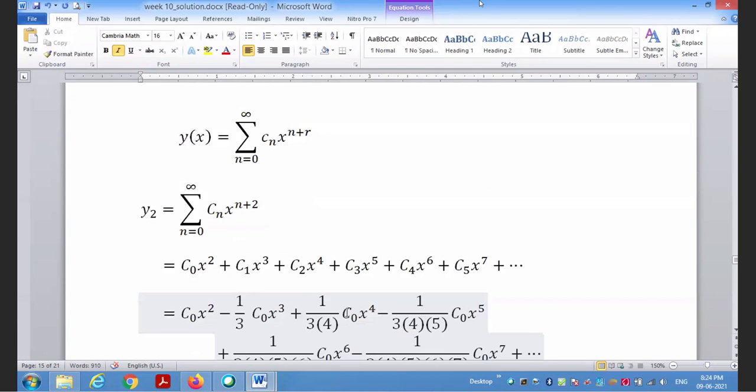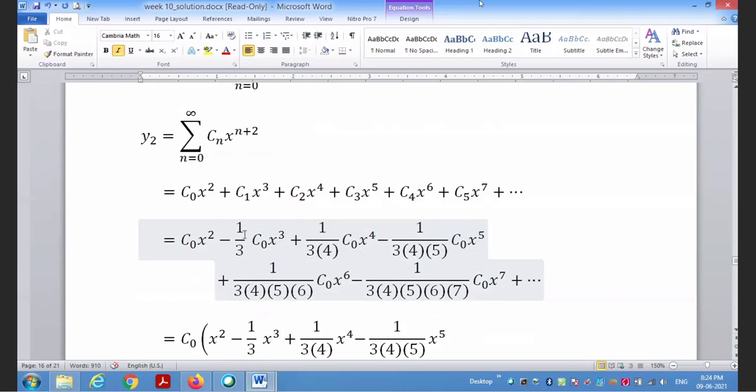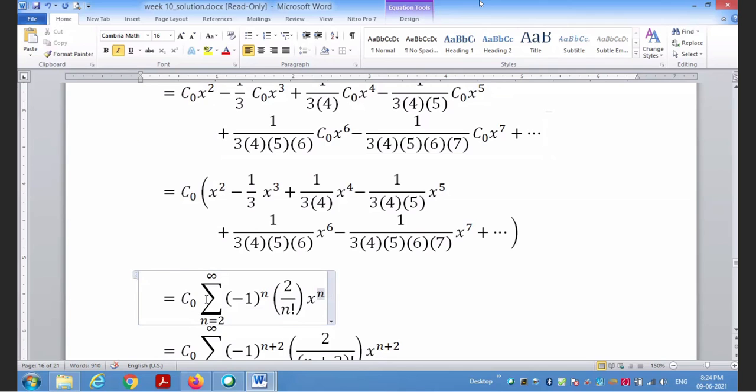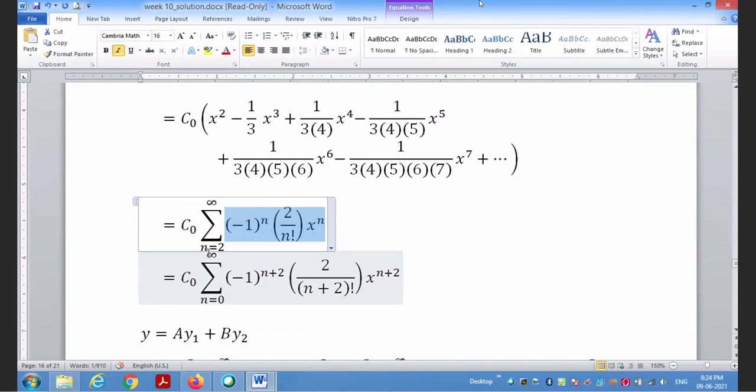So you can write like this, and then express this in general form like this. But now n starts with 2.